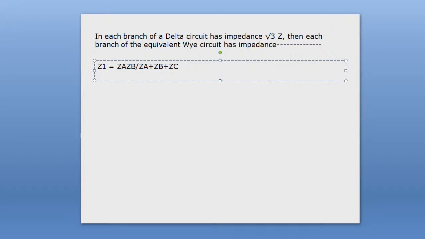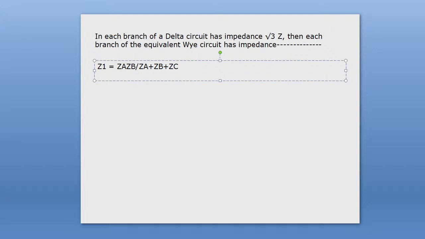Here we have considered the impedances for the Y or T network as Z1, Z2, Z3 respectively, and for the delta network ZA, ZB, ZC. So Z1 for a T network element is equal to the ratio of the product of the adjacent delta network impedances divided by the sum of all impedances of the delta network.